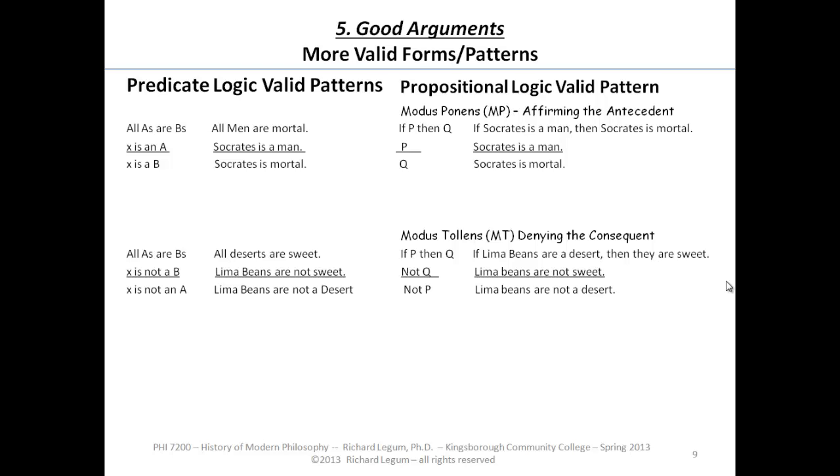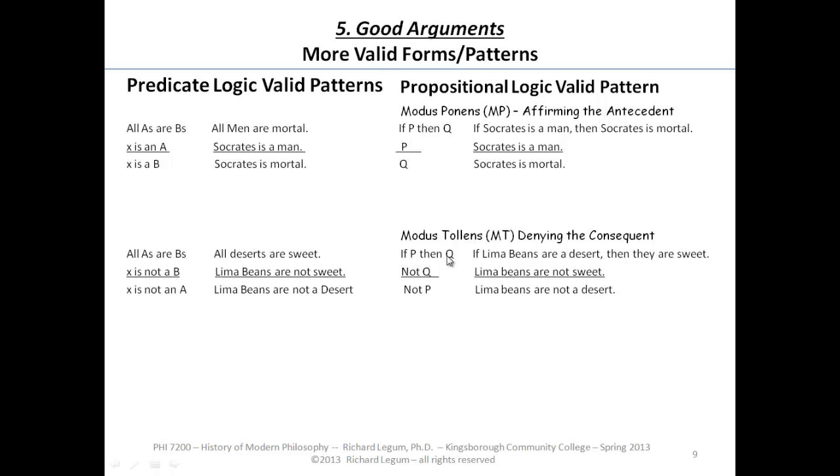Now, the reason I'm making this big deal about which direction we're going is what happens if we swap the conclusion and the second premise in both modus ponens and modus tollens. By the way, the predicate forms don't have names. You're just going to have to remember the form of the argument. But if we swap the conclusion and the second premise in modus ponens, if we say if P then Q, and our second premise were Q, we could not infer P. It's a fallacy to infer P. So it only goes in one direction, the positive direction.